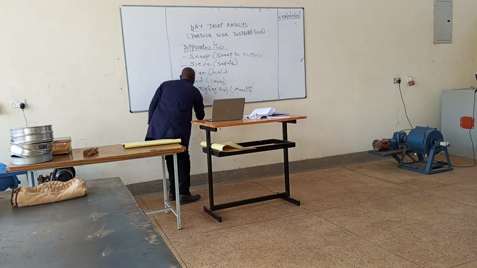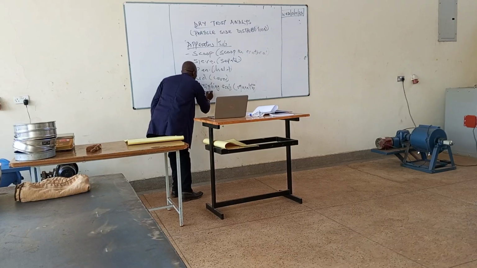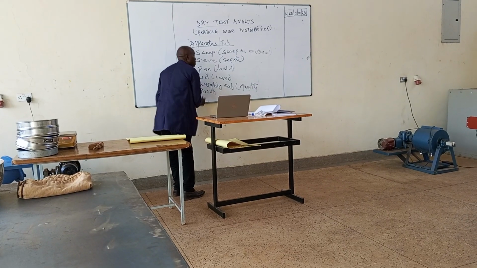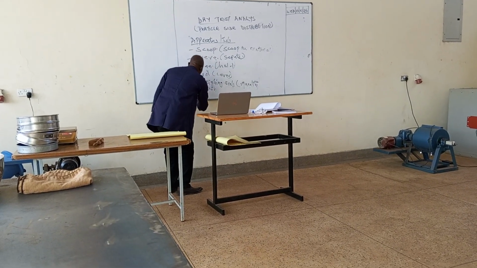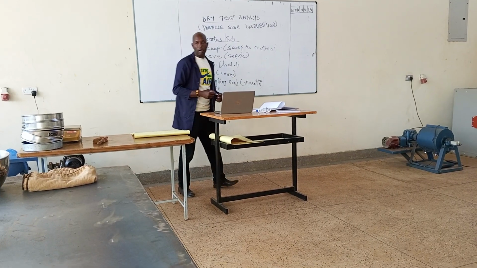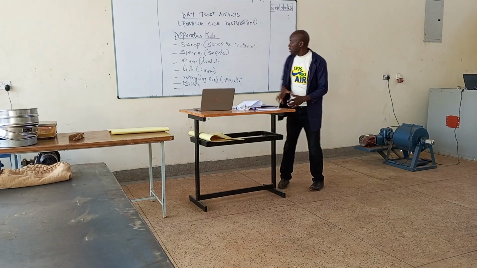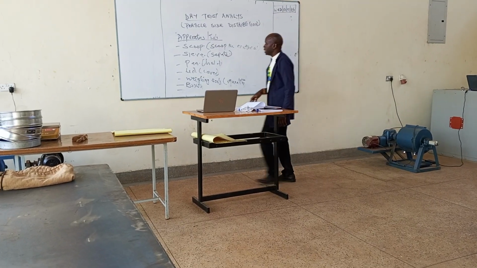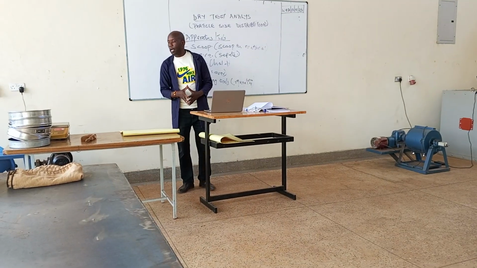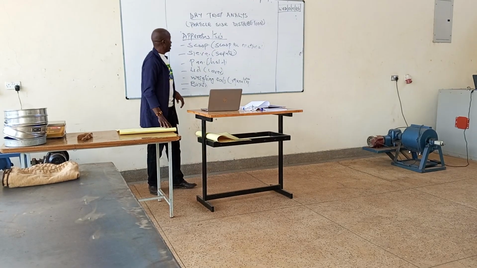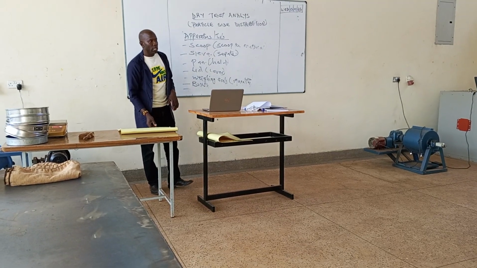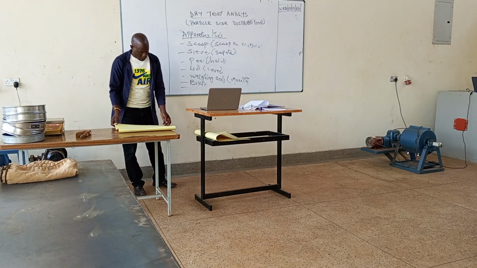Now, other tools that we use: we have the brush and the sample itself. Now, let me go through the procedure that we are going to follow to determine the soil particle distributions. I need two members to come and assist me.